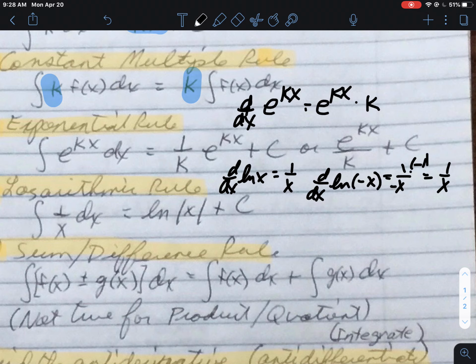But I can't have a negative number here, because the domain of our log functions is strictly positive, or at least the argument has to be positive. But what this allows us to do is address situations where x is negative in 1 over x.